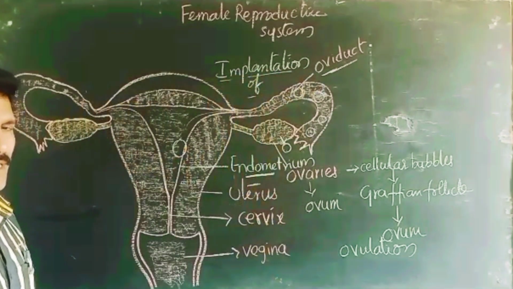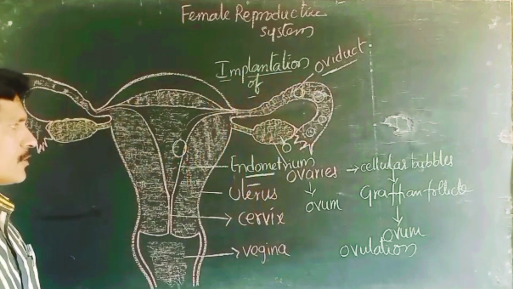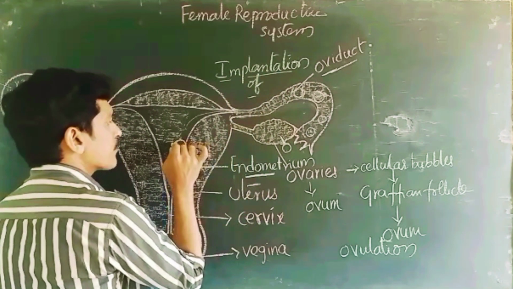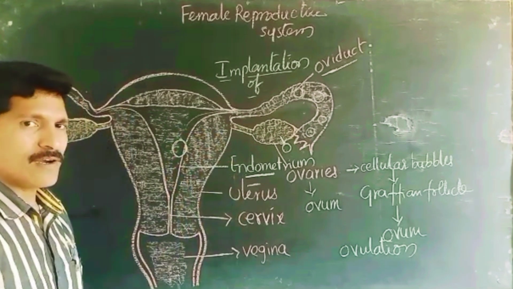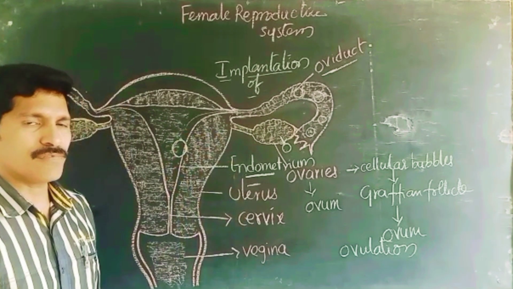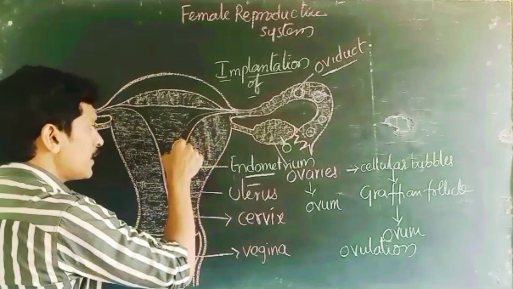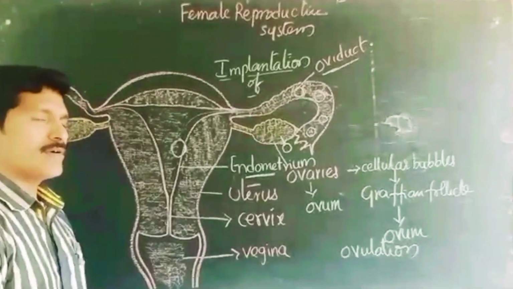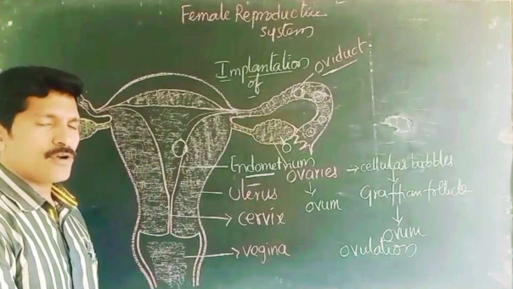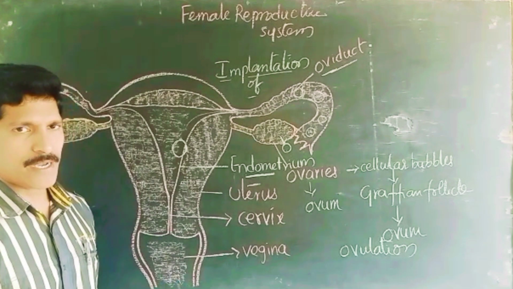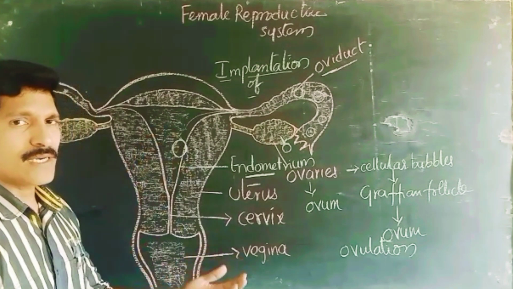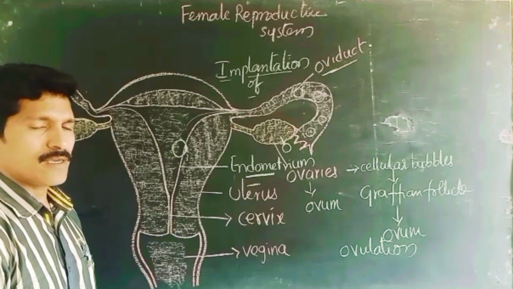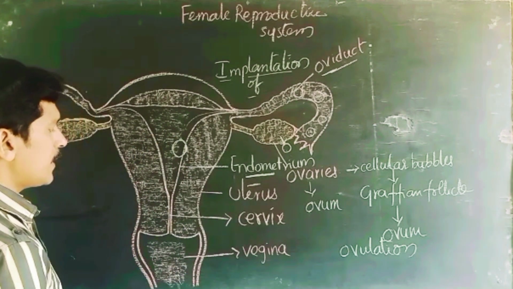Once the embryo has implanted, the zygote gradually develops by producing layers around the body, namely chorion, amnion, allantois and yolk sac. These layers form around the embryo for further development and to provide nourishment.